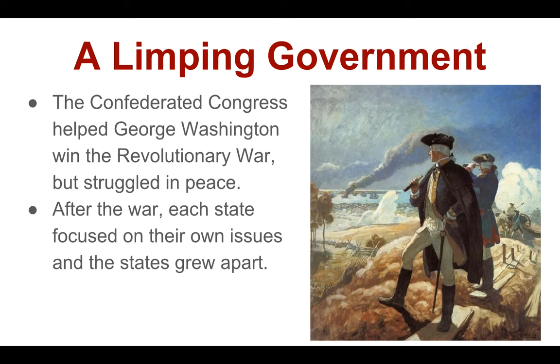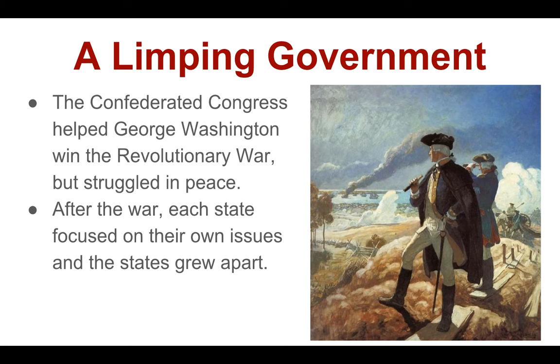Examples of this were shown by the weakness of the Confederated Congress. They did have one successful outcome. While the colonists were united in their defense of each other against the British, the Confederated Congress was able to pull together enough support to assist General George Washington and others in winning the Revolutionary War.